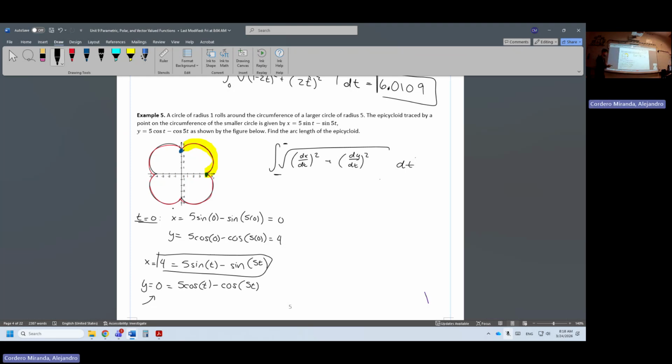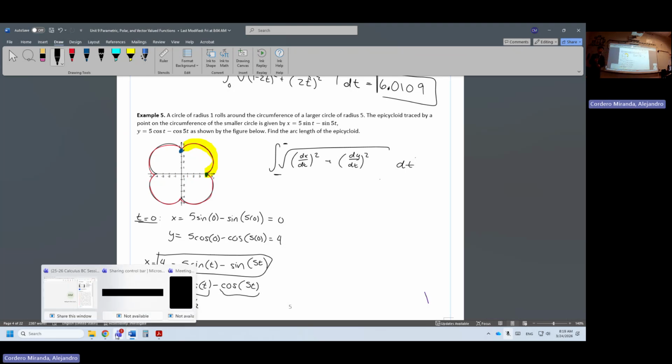One way that I could do it, though, is if I make both of these 0, then 0 minus 0 is 0. So I thought, maybe if t is pi over 2, then that would make this 0, and that would make this 4.